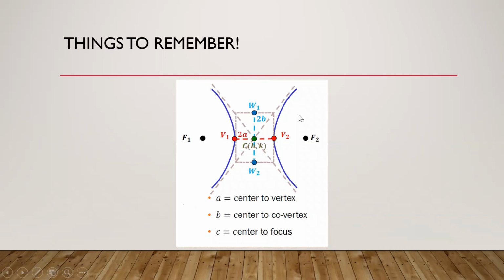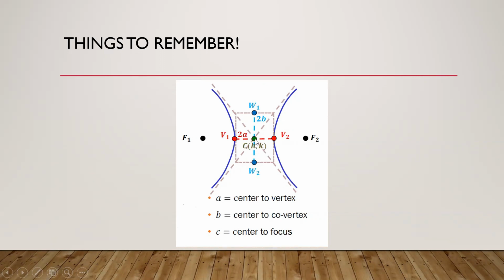Things to remember. A is the measurement from the center to a vertex. So this is A, and this is also A. B is the measurement from the center to a co-vertex.